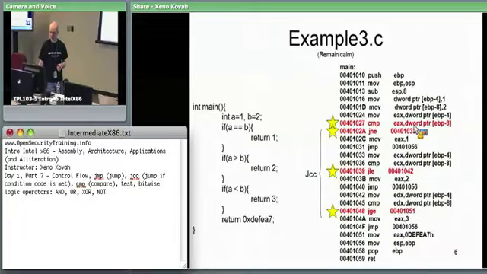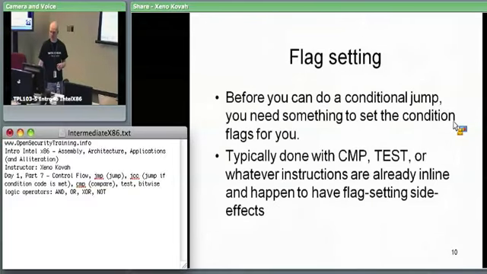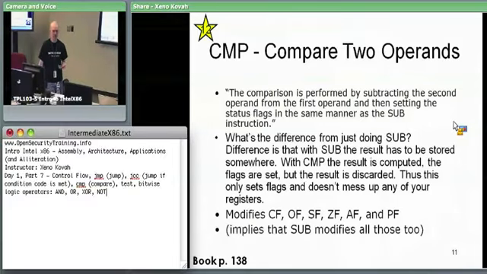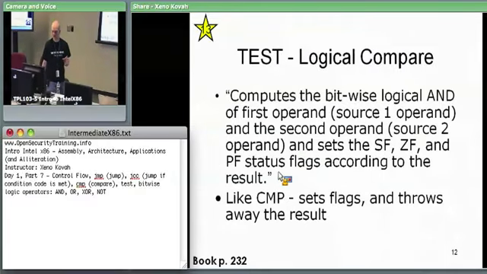So that's our basis of conditional control flow. But there's also another way to set flags and throw away the results. There's test. Test basically does a logical AND on the operands. You take AND, where 1 and 1 is 1, and 1 and anything else is 0.